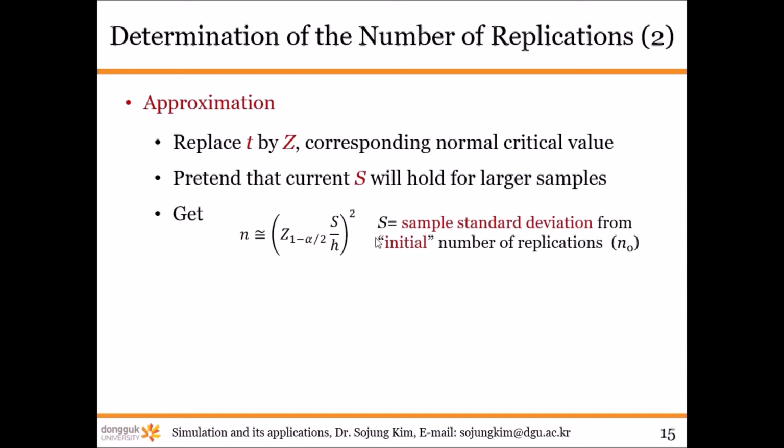In that case, you don't want to make many initial replications, so initially you can make 3 or 5, because anyway you are not going to use the results given by these initial replications.